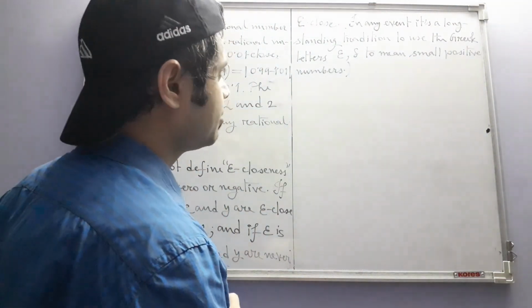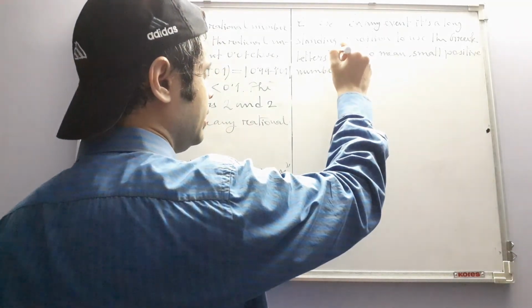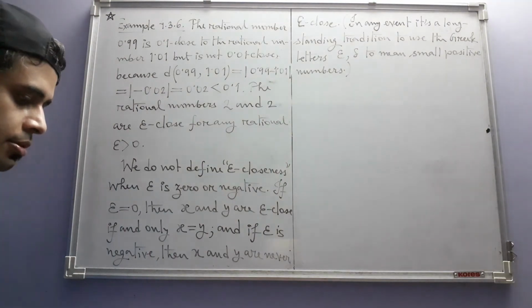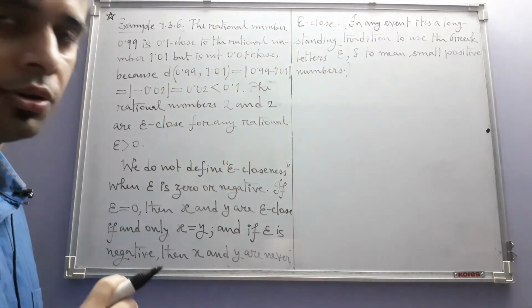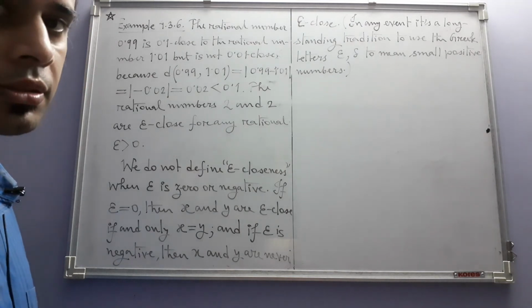One more thing that I want to add here is that epsilon is used for the word error and delta is used for the word difference.